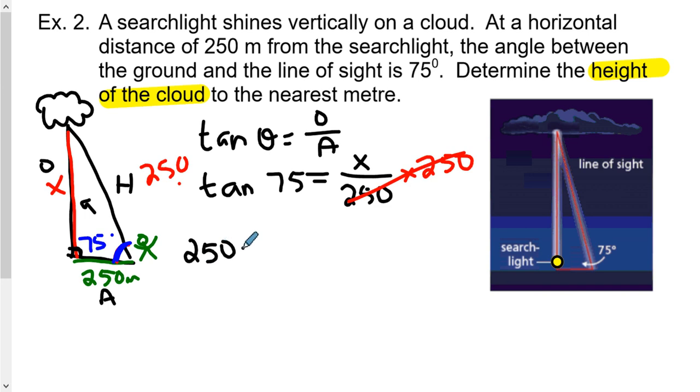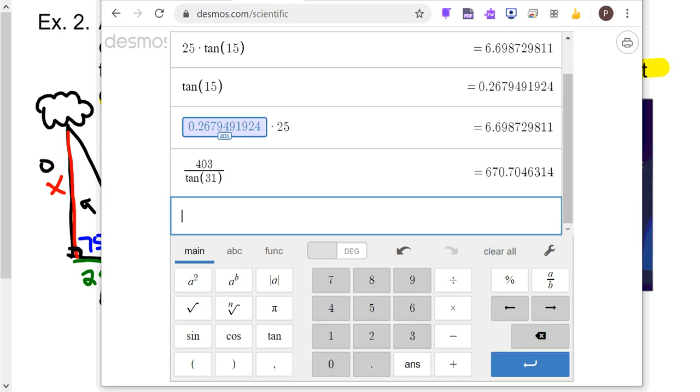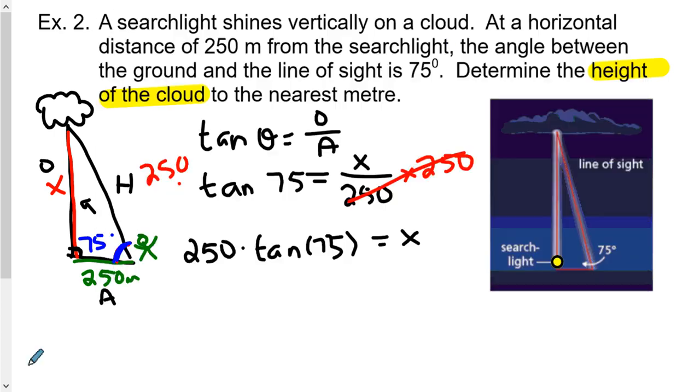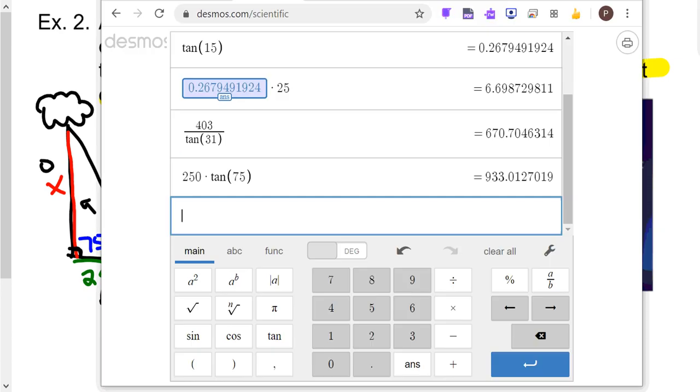So 250 times tangent of 75. We just have an x, right? We've isolated our variable. Now we just pull open our calculator. 250 times tangent 75. And it tells us 933. And we'll round that to the nearest whole number since it's a 0.0 anyway.